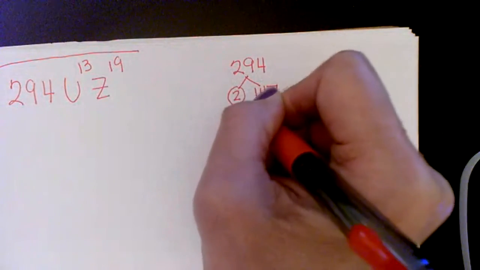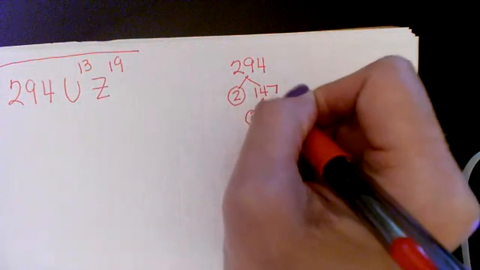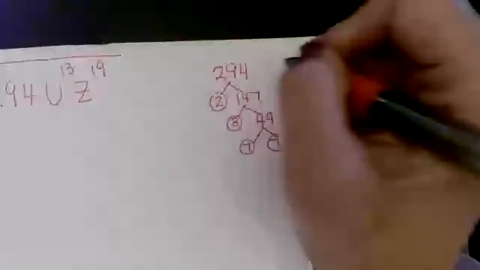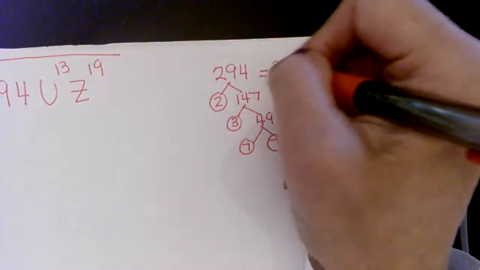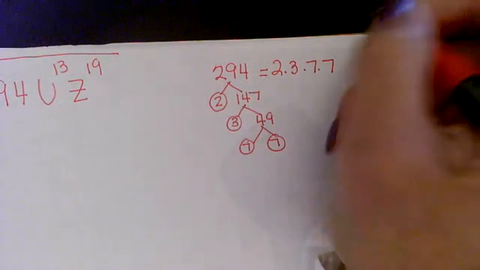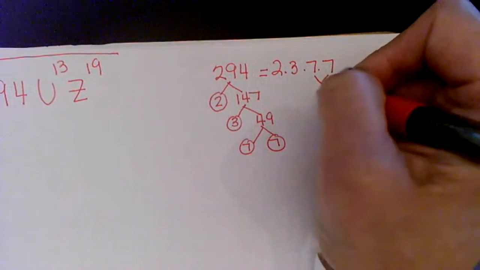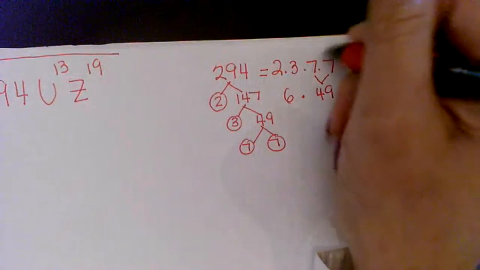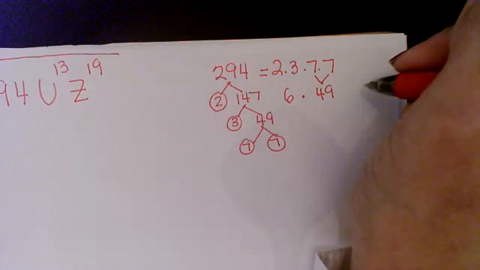Divided by 3 is 49. And divided by 7 is 7. Notice that the numbers that I circled are prime numbers. So what I have here is 2 times 3 times 7 times 7. So right here, I found the number 49 times 6. That's giving me the square.